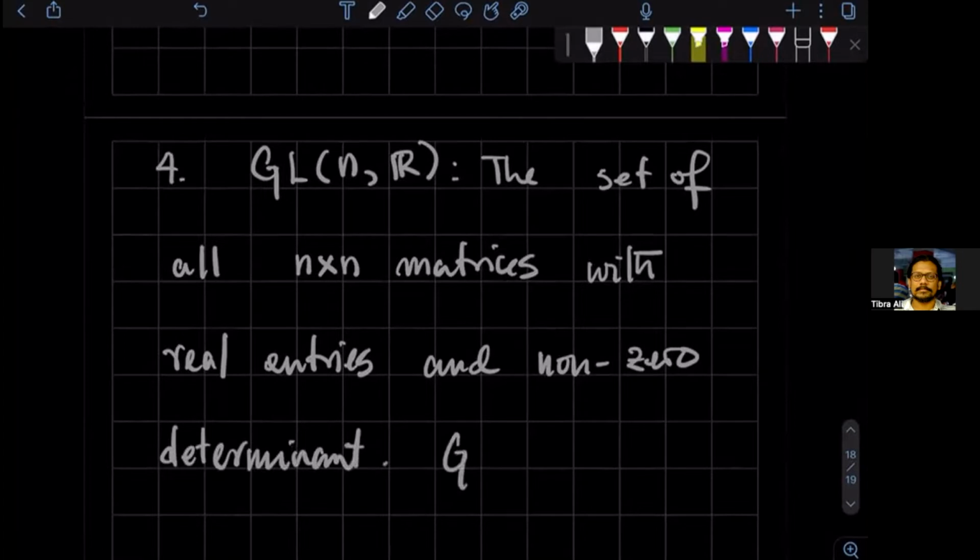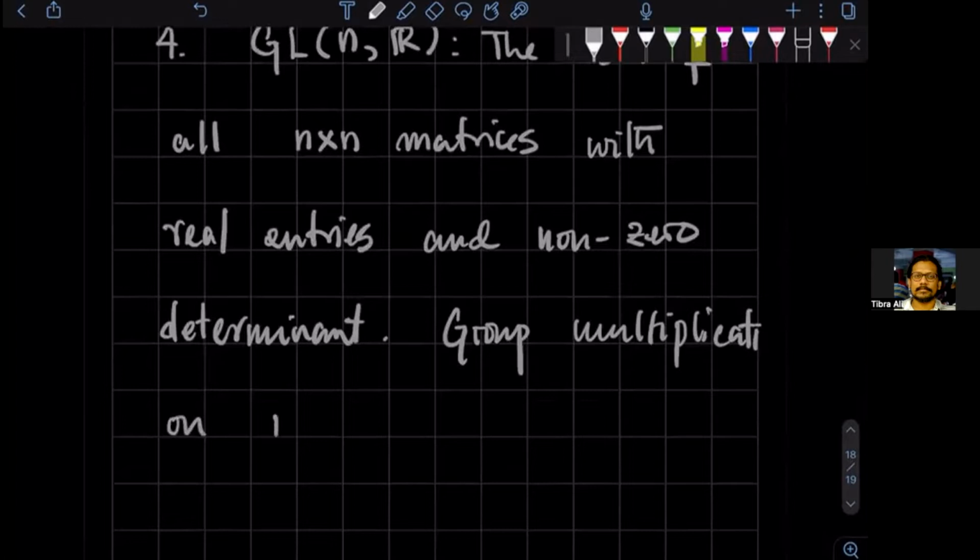And the group multiplication is matrix multiplication. Okay?